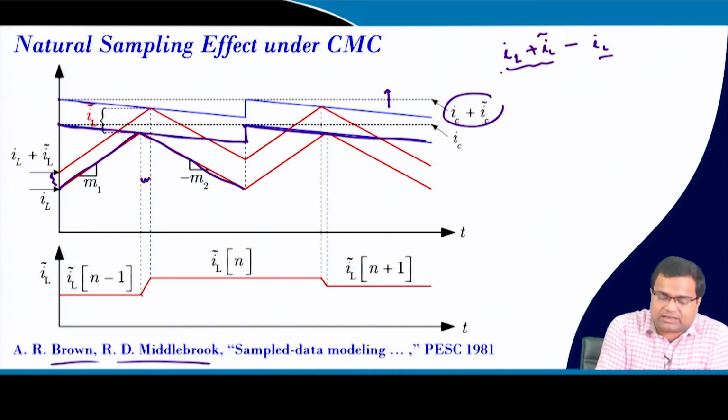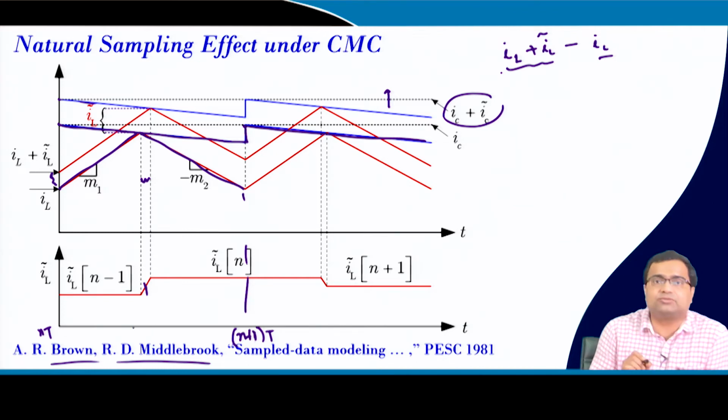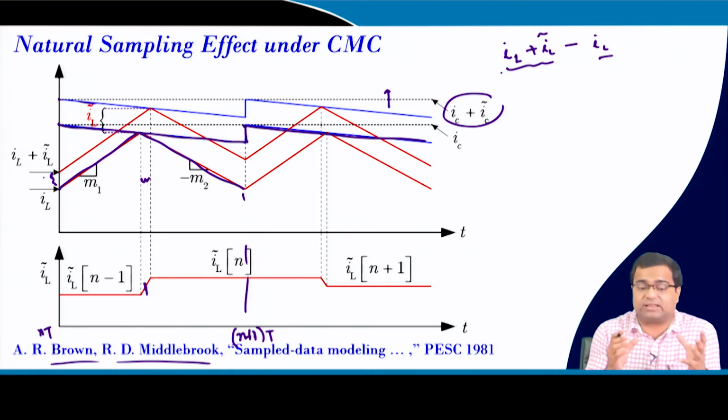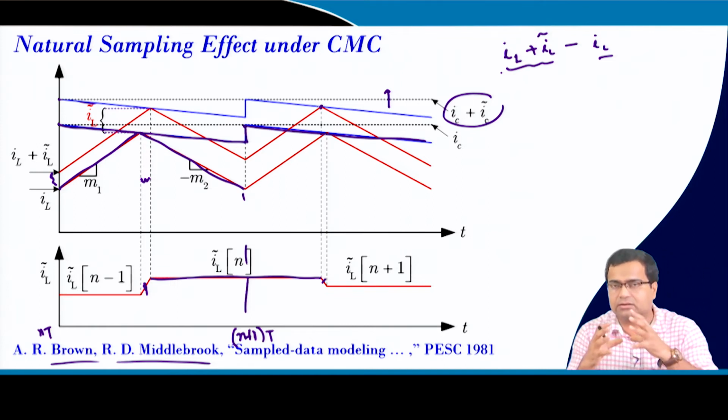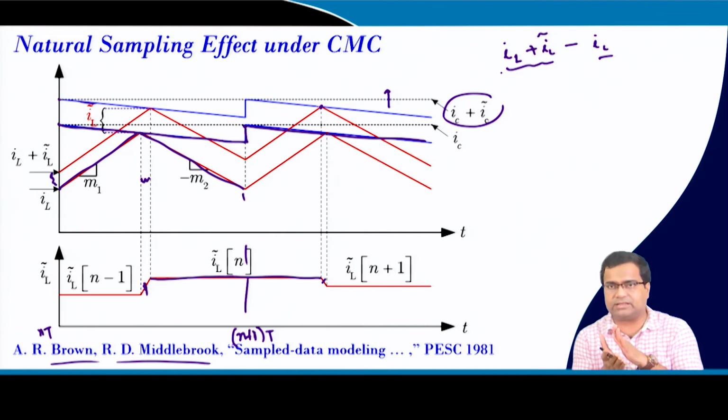So, this IL perturbation during the nth cycle, this is my nT, this is my (n plus 1)T, because of the switching cycle. During the nth switching cycle, this perturbation will be reflected because we have part of the initial inductor current, and we also have part of the current reference. So, there will be a perturbed current, and that perturbed current will remain the same till it hits the reference current the next time, that means the reference current minus the ramp, like a sawtooth waveform or basically ramp compensation.